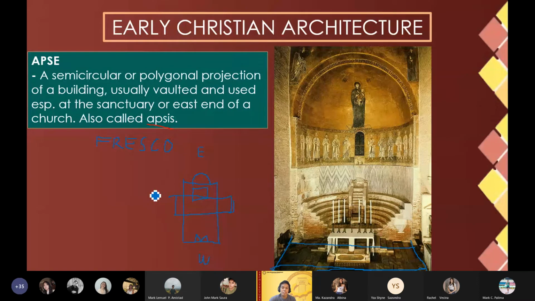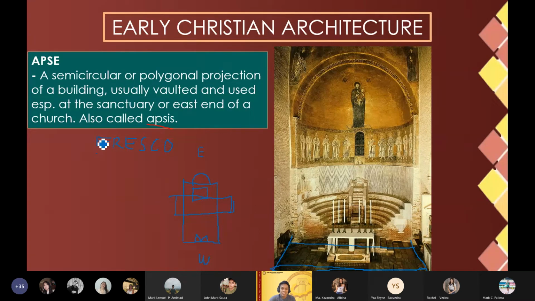So fresco is, they use plaster in their interiors. When they plaster the walls, while the plaster is still wet, they apply the ink, and that's how they paint. That's what you call fresco. So you paint while the plaster is wet.